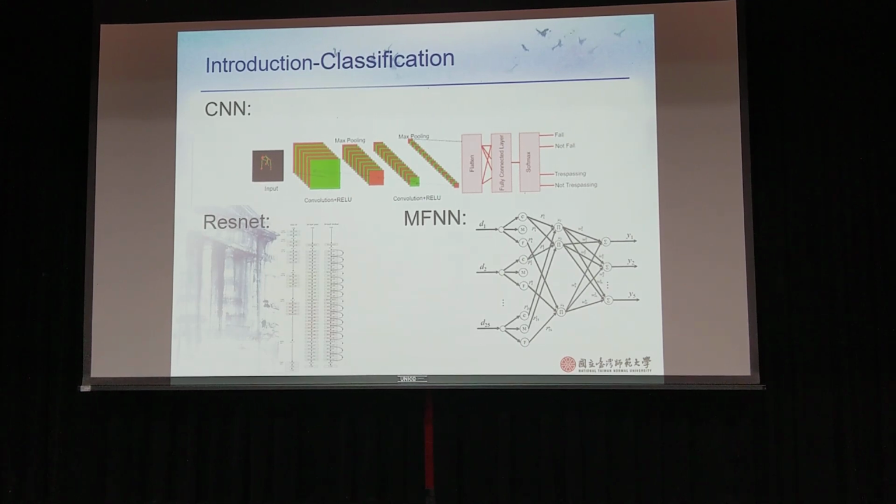However, convolutional neural networks typically require a large amount of training data, making it difficult to create a training data set. Some utilize ResNet for classification, which has good accuracy but suffers from slow computational speed due to its large network size. For these reasons, we utilize the much fuzzy neural network as the classification method. The much fuzzy neural network not only offers fast computational speed but also achieves good training results on small data sets.